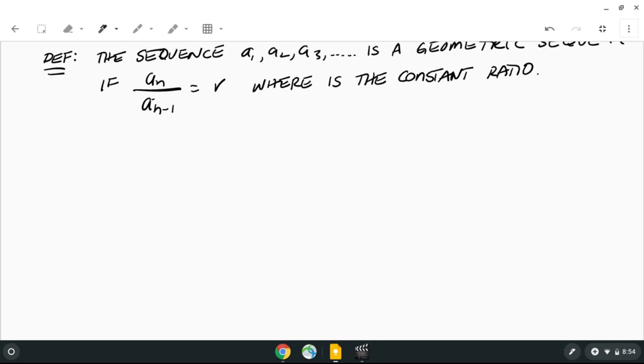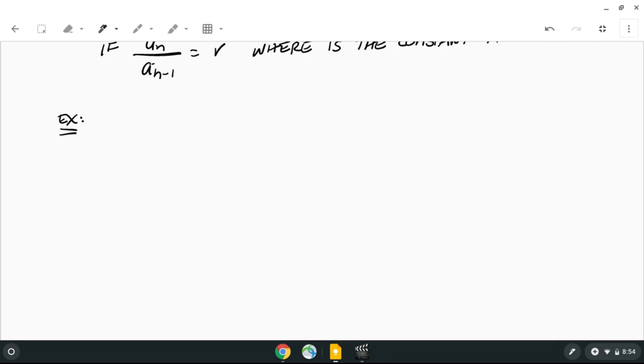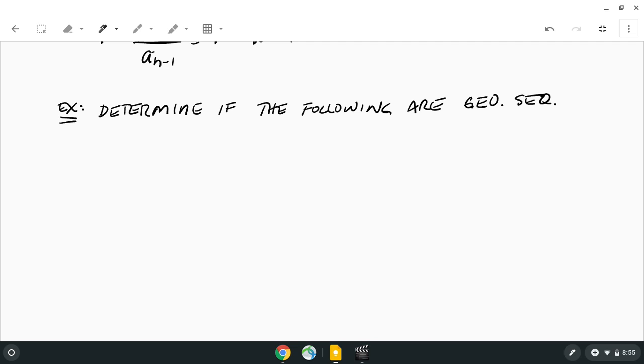Okay, so let's take a look at these two examples and see if you can tell which one is the geometric sequence. Determine if the following are geometric sequences. Okay, so let's take a look at this first example, 2, 6, 18, 54.